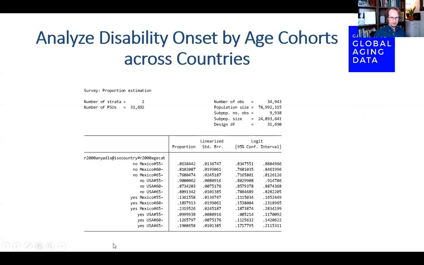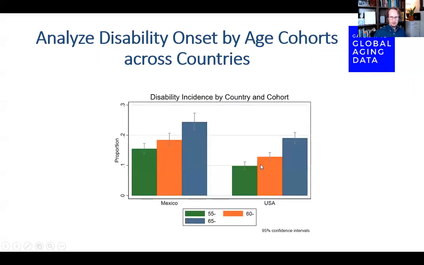Looking at the second half of these results, the yes results, you can see we get an estimate for people who are 55 through 59 in Mexico, 60 through 64, and 65 through 69, and then the same thing for the US.